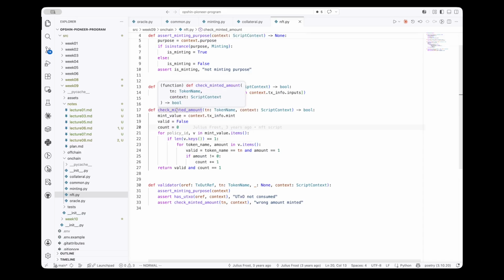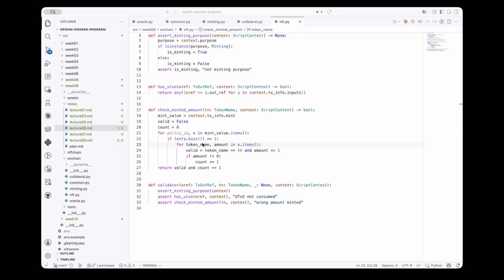And about this check mint amount, the subtle point is that this loop walks through every policy ID in the transaction's mint field, right? And for each policy, it inspects how many distinct token names appear there using this line here. We ensure that we only flip this valid field when looking at a policy that mints a single token name, including our own.